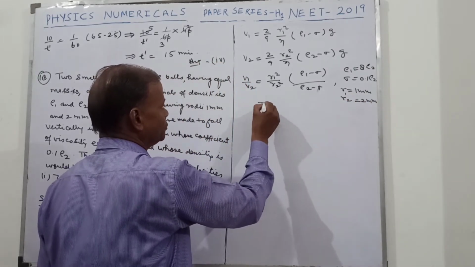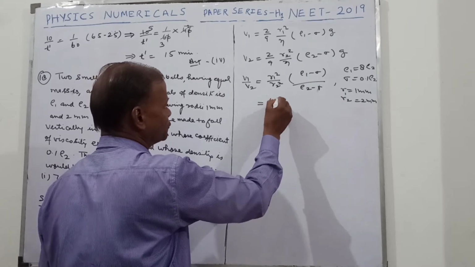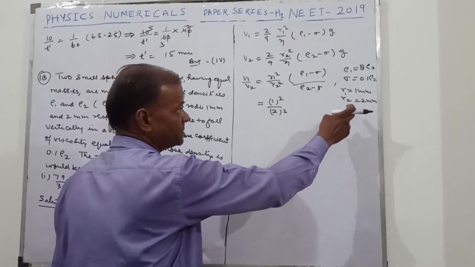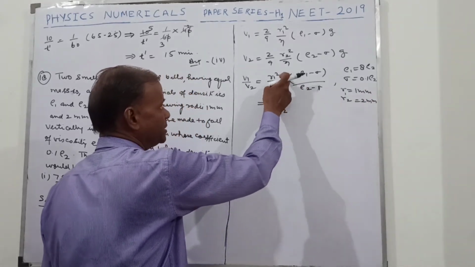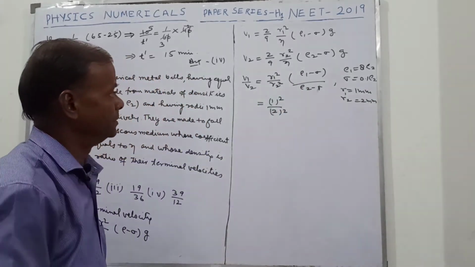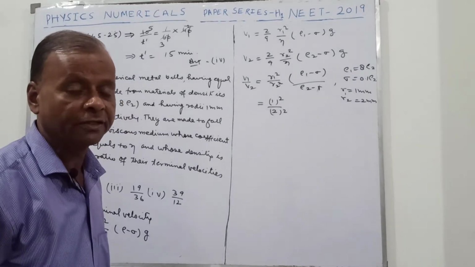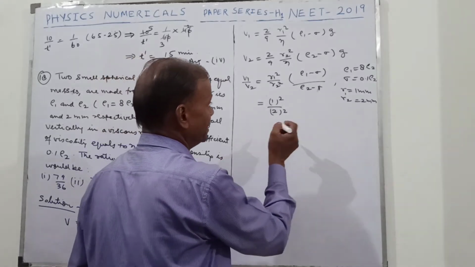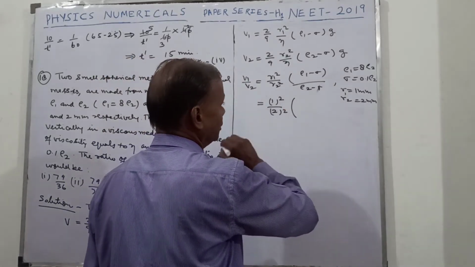So this is equal to 1 whole square upon 2 whole square. You remember that this is given in millimeters, so both are in the same unit. This is a ratio, so no need to convert them into meters because that will cancel. So we can use this directly in the formula.